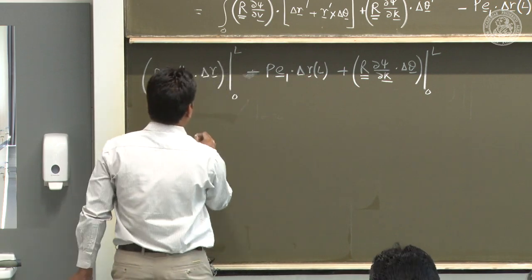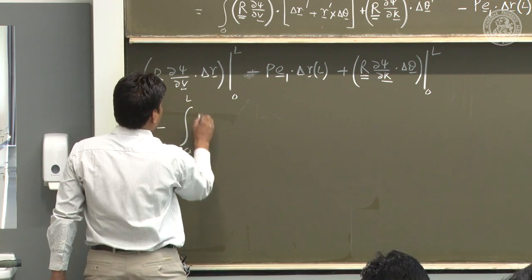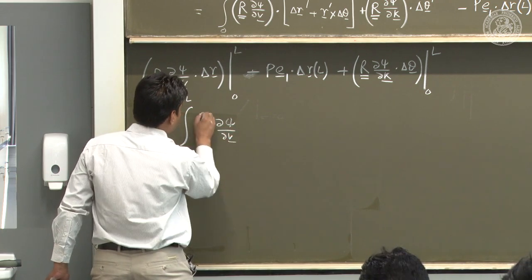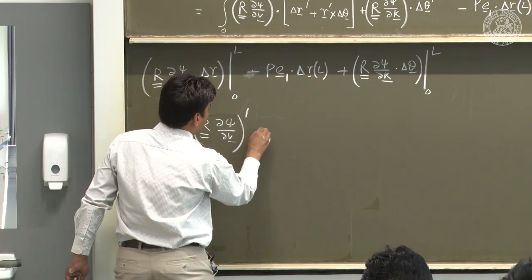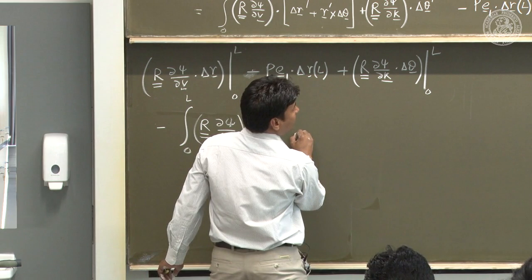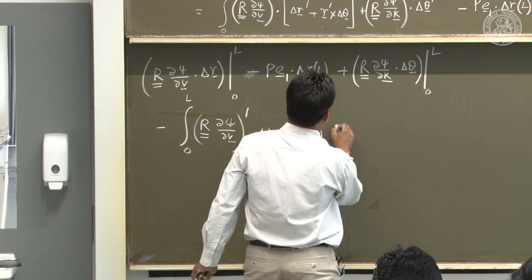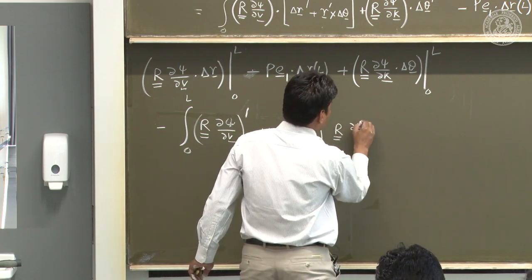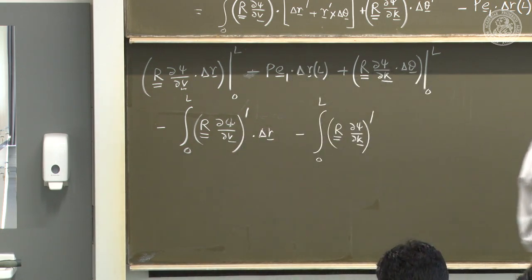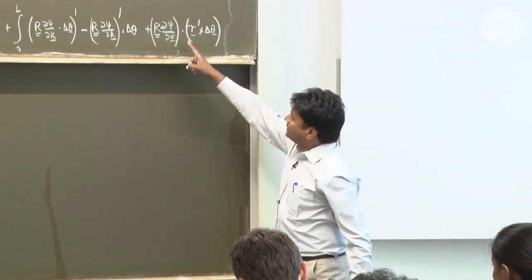Plus the remaining terms. So you have minus the integral from 0 to L of big R del psi over del V, whole prime, dot delta R, minus the integral from 0 to L of big R del psi over del k, whole prime, and you see this term, you see it's a scalar triple product, right?